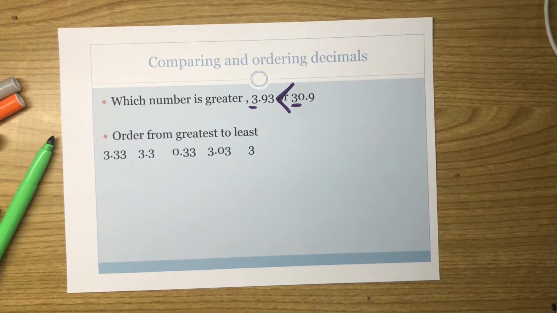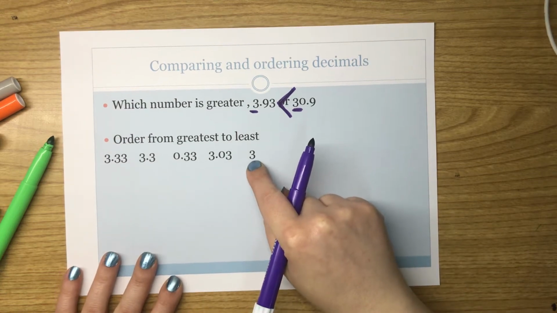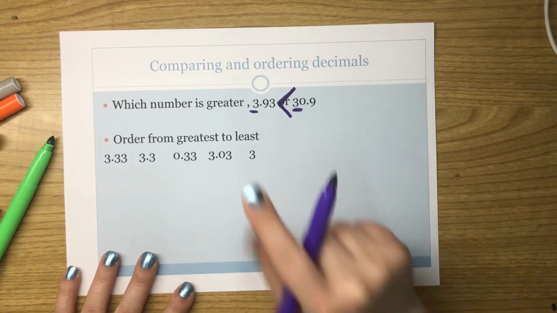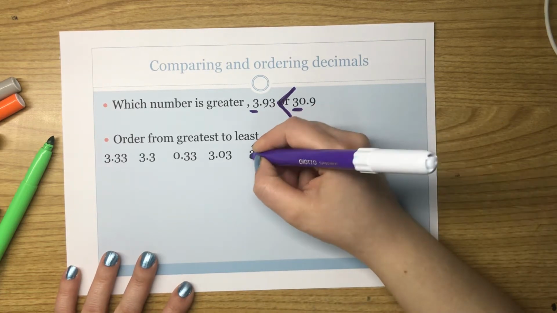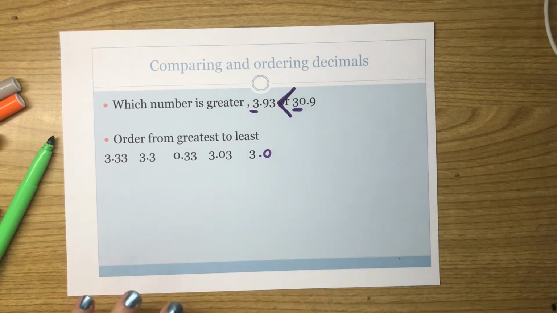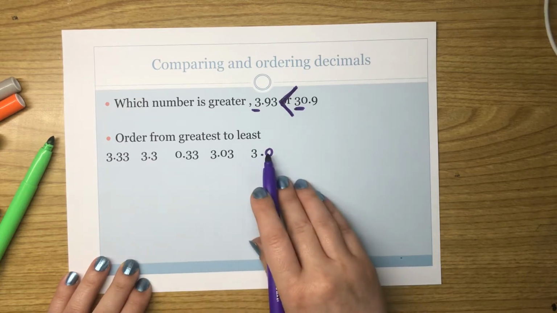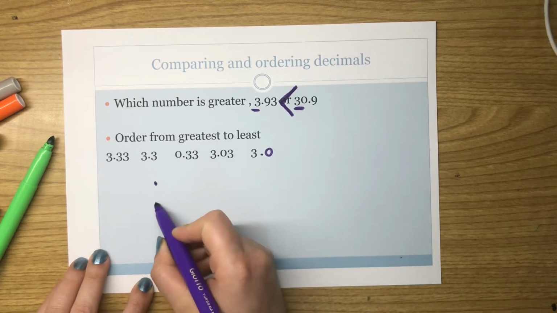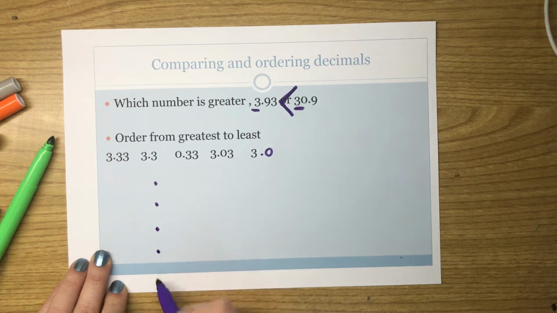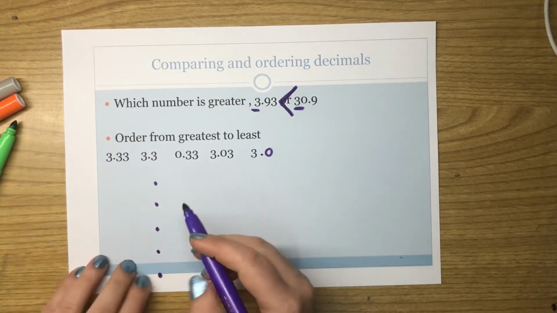Okay, order from greatest to least. I want to remind you, when you find a number that has no decimal point or no decimal places, it's the same as 3.0. When you want to order these numbers, take the decimal points, 1, 2, 3, 4, 5 numbers, and arrange them according to their places.